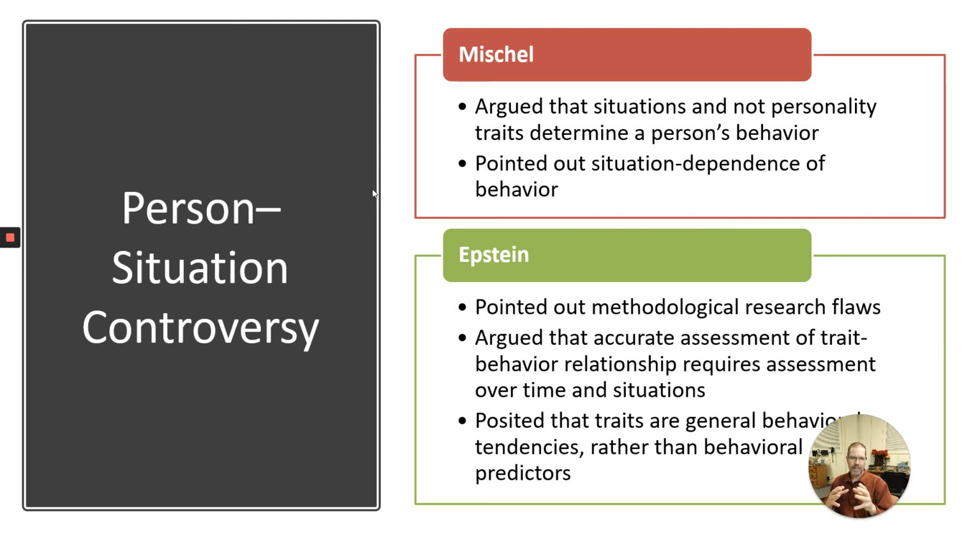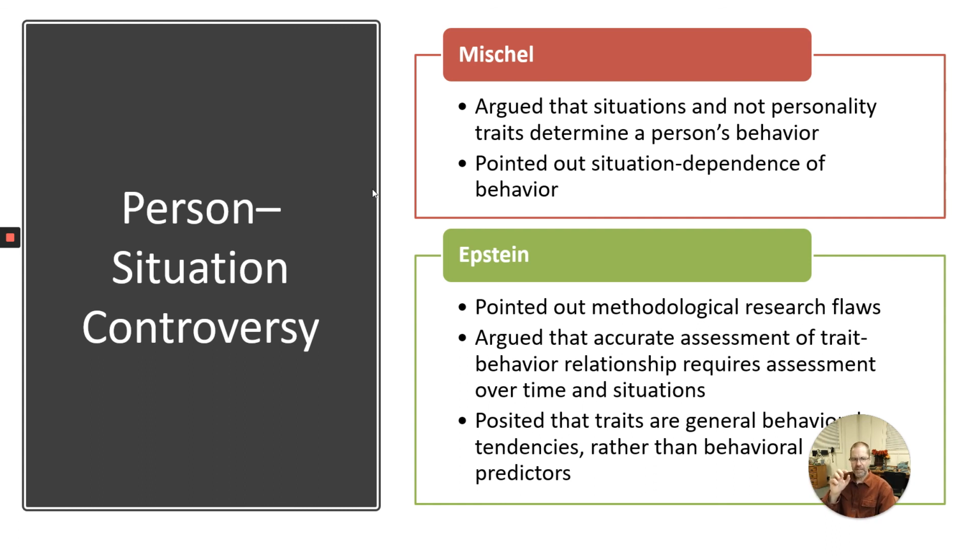It's the word determine here that we struggle with a little bit, right? Because we certainly know that certain contexts and situations could induce certain behavior or tempt us to certain behavior. But to say it's automatically determined just because of our personality traits, yeah. So I guess that's why you have the word controversy there.